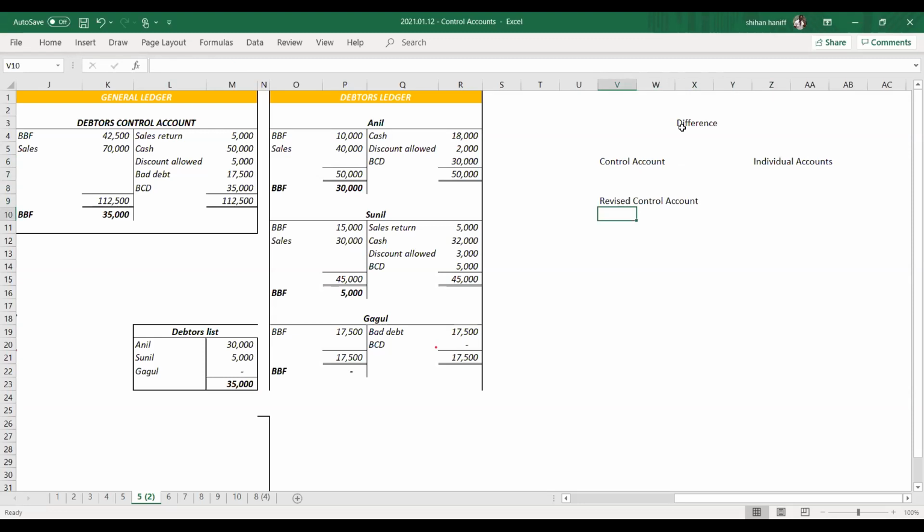Similar to the bank rec, if the difference is caused by the bank account in the business, we prepare the revised bank account. Likewise, if the difference is caused by the control account, we prepare the revised control account. And if the difference is from the debtors ledger individual accounts, then we can't correct it. We will prepare the reconciliation statement.